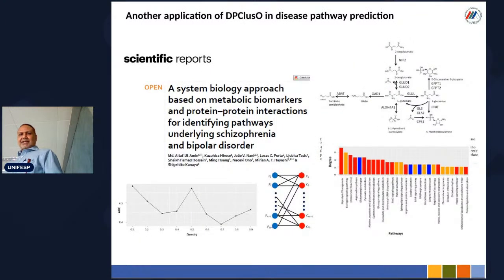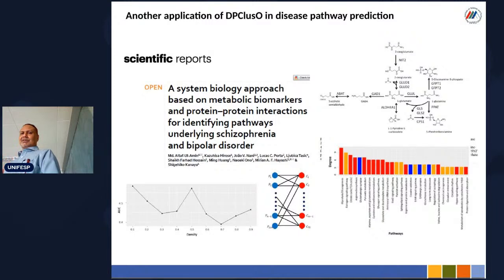And also with Professor Hayashi, I did this work. We tried to find the pathways of schizophrenia and bipolar disorder, starting from the metabolic biomarkers. She detected them in her lab, and gave me the list of the biomarkers.